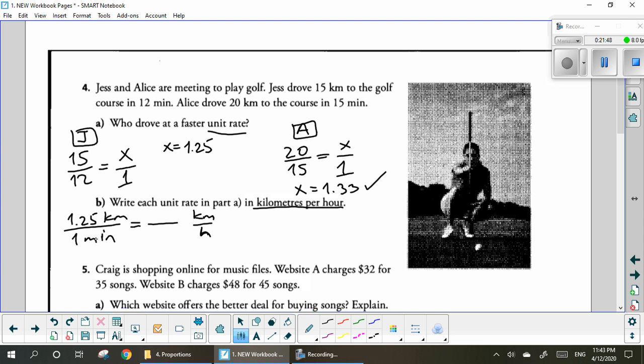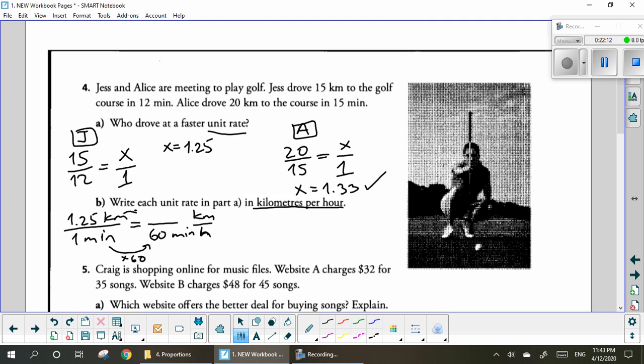So we're converting from 1 minute to 1 hour, but we can't just jump from 1 minute to 1 hour. We're going to jump from minutes to minutes. And then we have to ask ourselves, okay, in an hour, how many minutes do we have? So in this case, there are 60 minutes. And that's going to be our conversion. So we're going from 1 minute to 60 minutes, which is times 60.